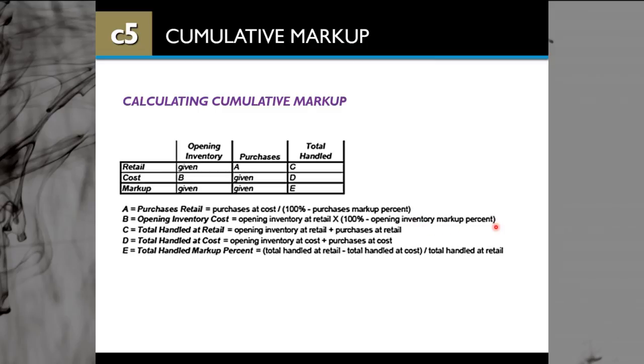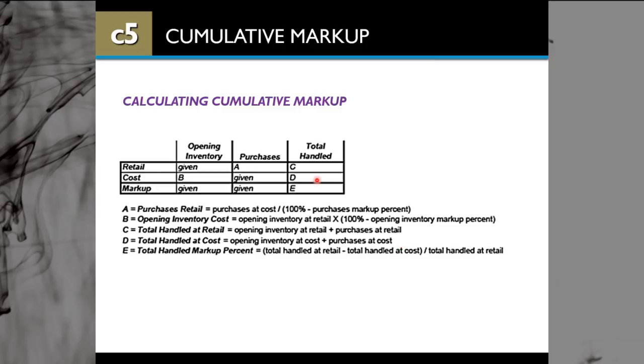And C, your total handled merchandise at retail, is your opening inventory at retail plus purchases at retail. So the combination of the two is C. And for D, total handled at cost is your opening inventory at cost plus purchases at cost.